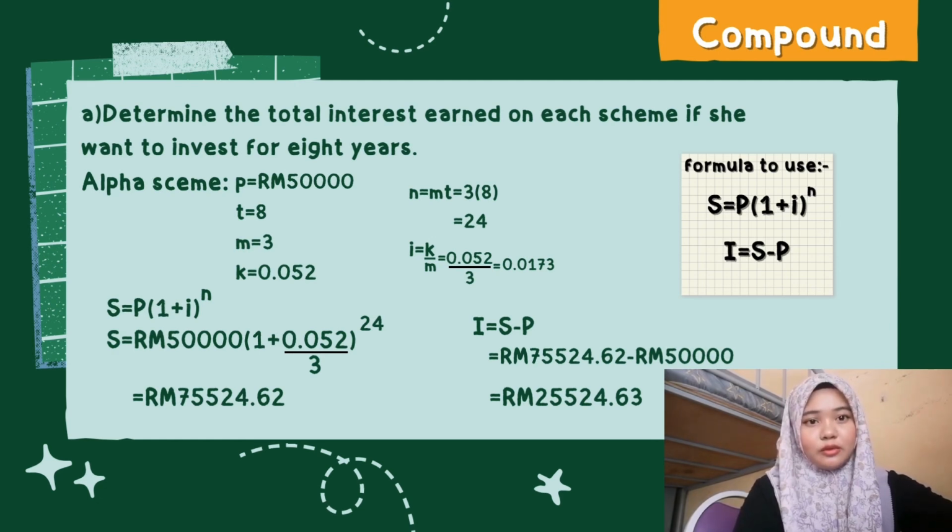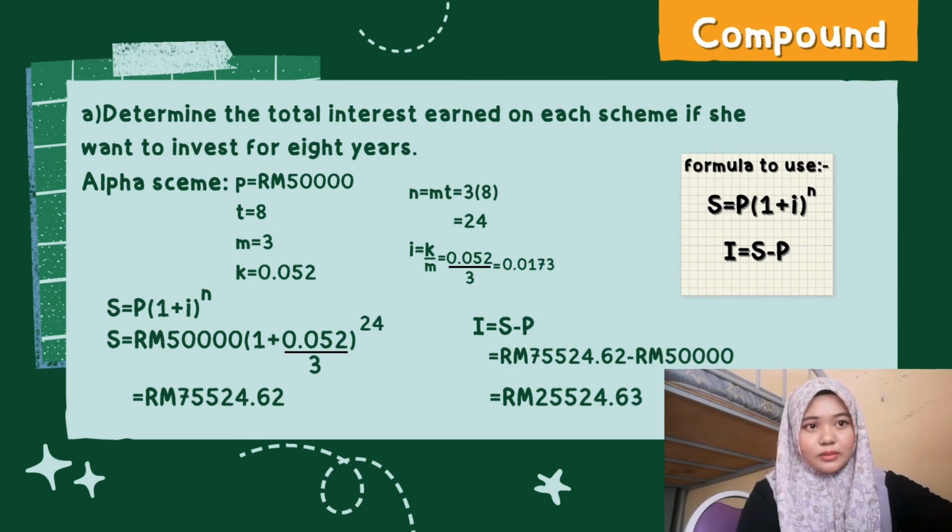So first, we have to calculate S, where the formula is S equals P bracket 1 plus I bracket power of N. So S equals 50,000 bracket 1 plus 0.052 per 3 bracket power of 24. So we got 75,524 ringgit 62 cents.